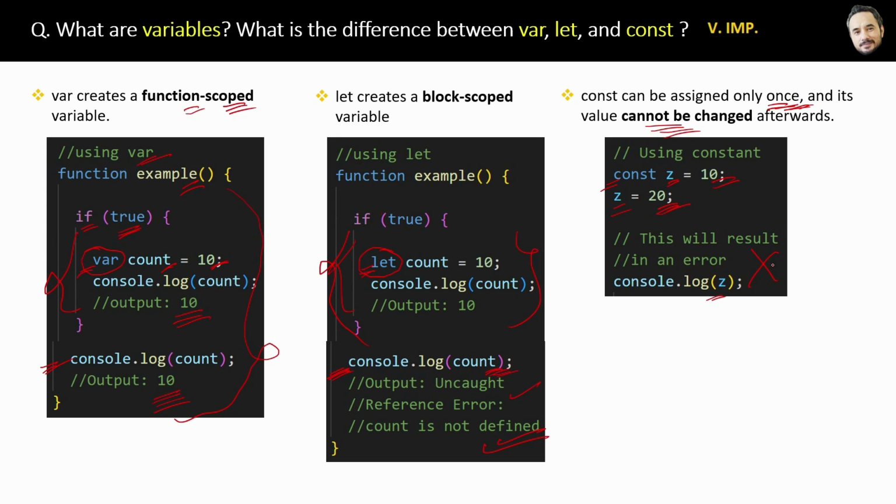Therefore, use const when you do not want to change the value of a variable after the first assignment. Its use is different from the let and var keywords. Great, now you know all the differences between these three keywords. And like your favorite movie or song, you are not going to forget this ever.